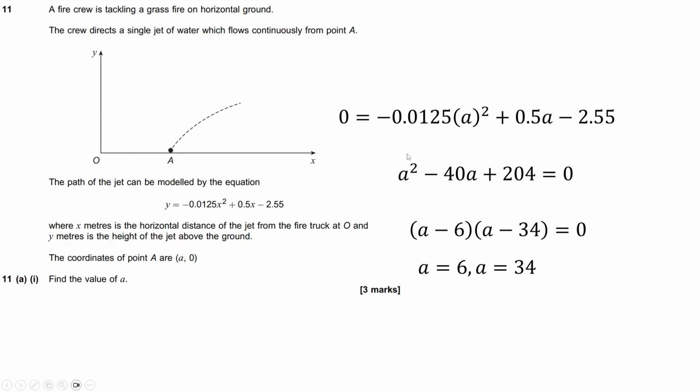You might say that it has to be A equals 6 because it doesn't make sense that they'd shoot the water jet 34 meters away. Actually, no, I don't think that's a very good way to think about it. The better way is just what I said originally, where if it's an upside down parabola, then the point further to the right has to be the larger one. So it's not this one, it's just A equals 6.